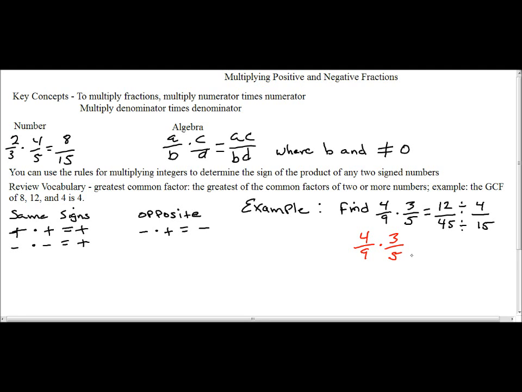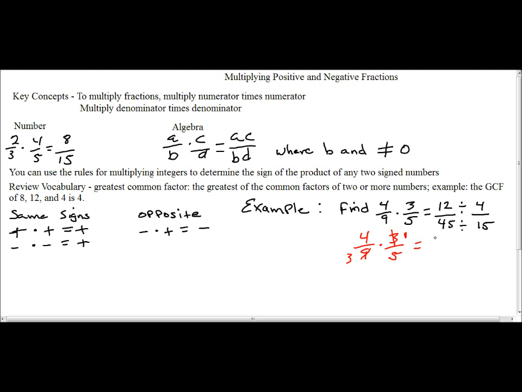4 and 5 have no common factor other than 1, but then here we have 3 and 9. So we can divide by 3 and we'll get 1, and divide 3 into 9 and we'll get 3. So now here's what we're doing.